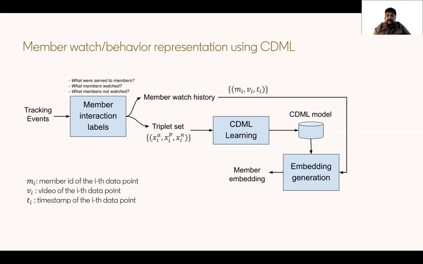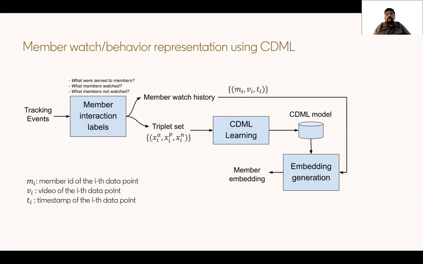We can also represent members using the CDML technique, where we look at what was served to members and their watch history. So we can create these tuples of MI, VI, TI, where MI is a given member who watched some video V at time I. And we can create this triplet set of member interactions using anchor, positive, negative, and do CDML learning. We can also create a member side embedding by looking at the entire history of what members watch.